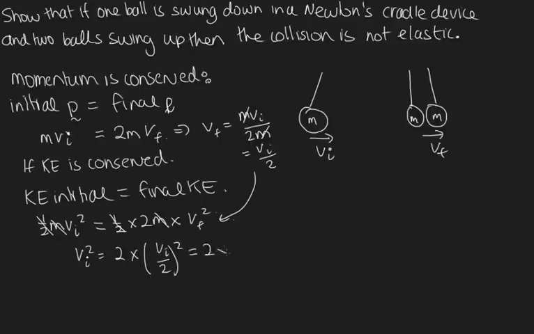So this is equal to 2 times vi squared on 4, which is vi squared on 2. But we can't have vi squared equal to a half vi squared. Unless the initial velocity is 0, that is impossible. So as vi squared does not equal vi squared on 2, this is not possible.